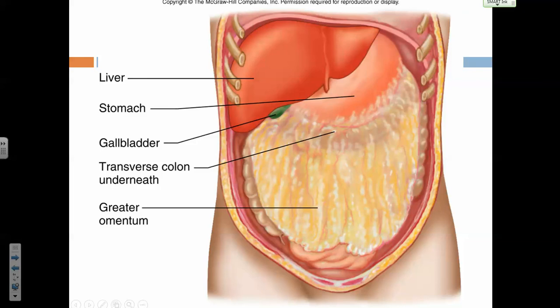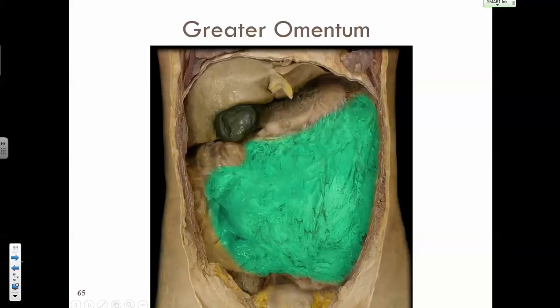It's almost like an apron hanging down from the stomach. It's called the greater omentum. And a lot of times on pictures that's been removed so that you can see what's underneath it. But that provides some physical protection for the abdominal organs. But it's kind of interesting. It's just sort of a side note to all this. There you see it.